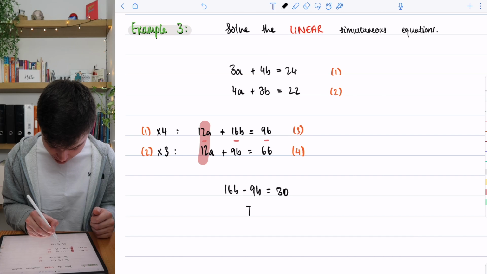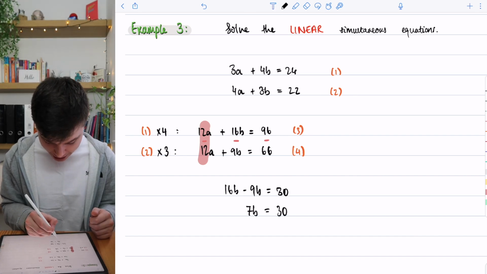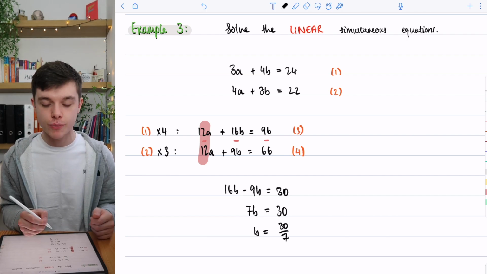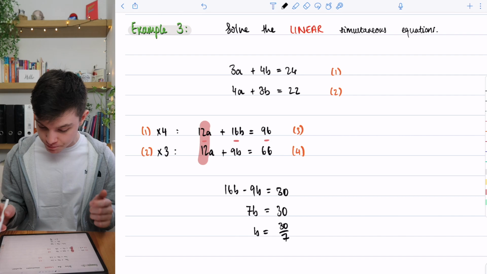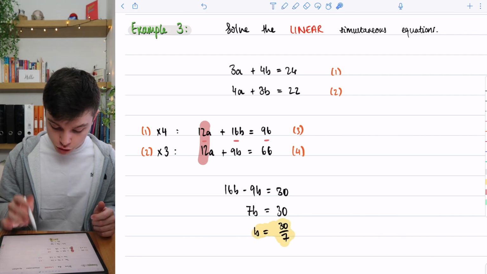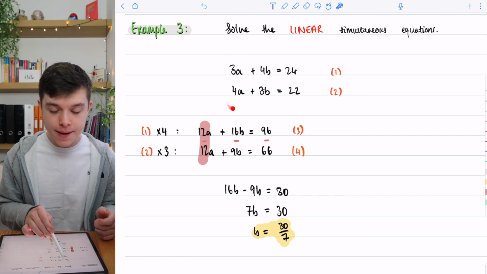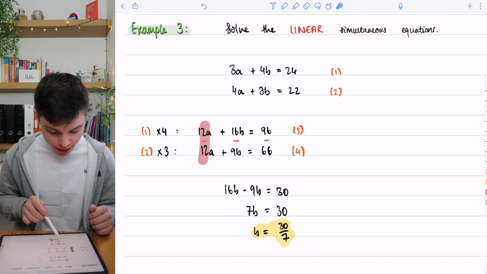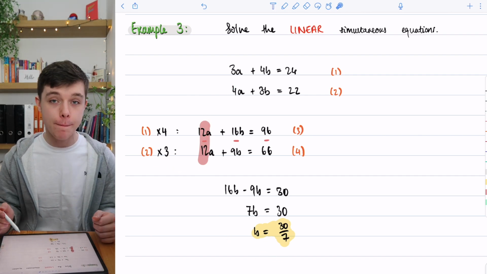That's now going to give me 7b is equal to 30, and so b is equal to 30 over 7. We can just divide both sides by 7. Now that is my value for b. So just look here, we eliminated a by multiplying 1 by 4 and multiplying 2 by 3, and then we eliminated a to find out b.